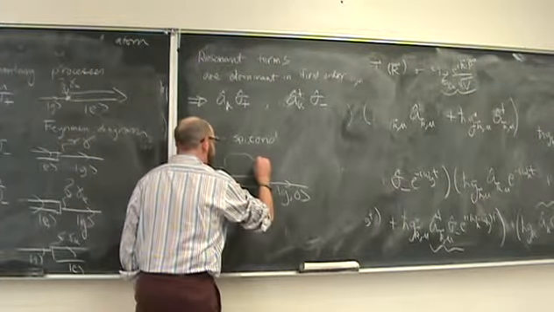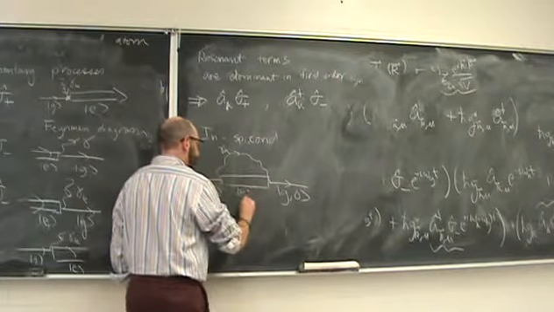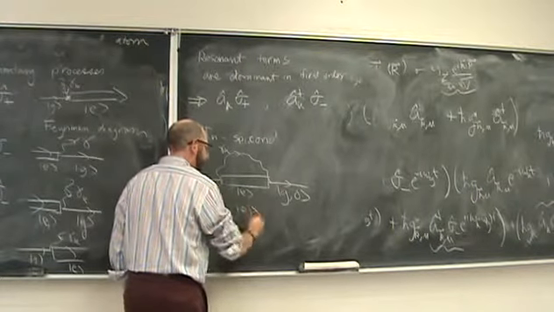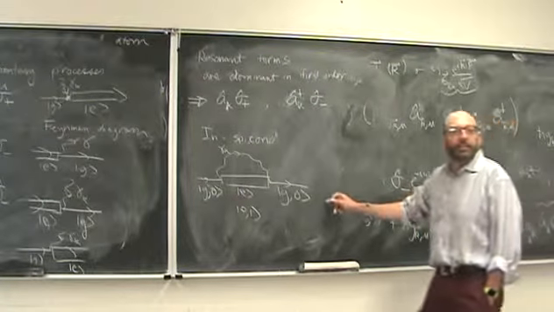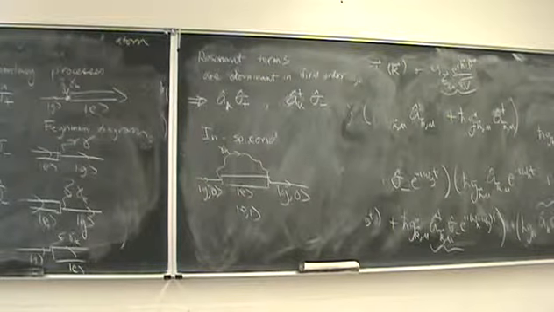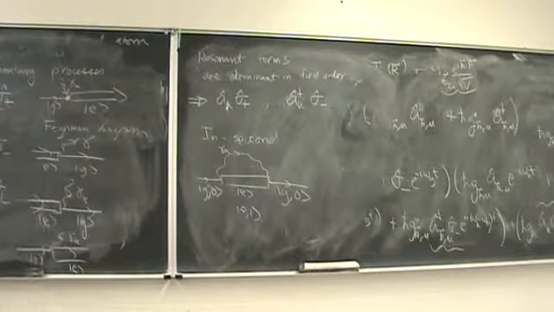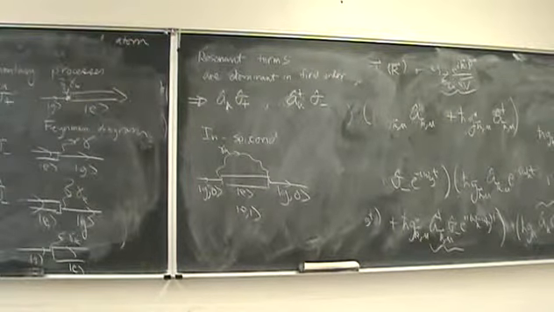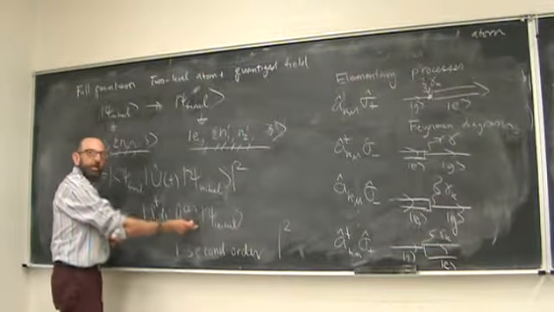Intermediately, I have a photon and an excited state. So this is E1. But at the end of the day, energy is conserved. Okay? This is a possible process which would satisfy the Fermi golden rule type energy conservation, but in second order.